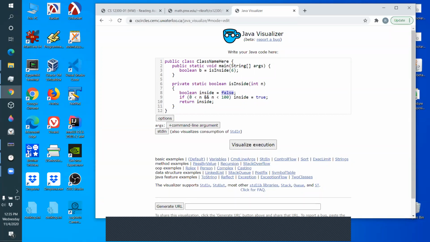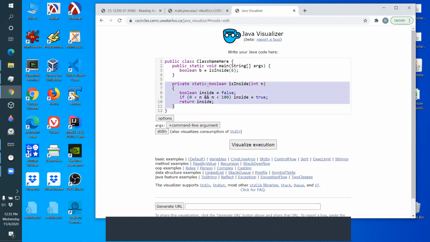If this thing here is true, notice what we're returning is this thing here. If this thing is true, return true. If this thing is false, return false. In both cases, I'm returning this. So here's how I can write that.